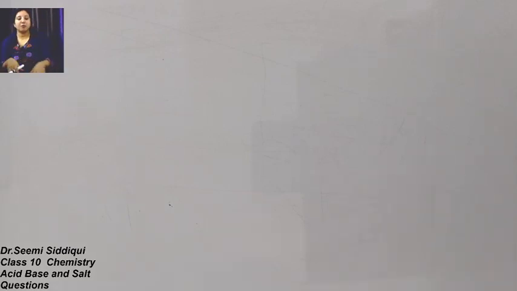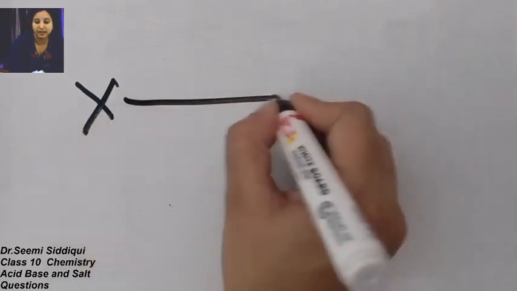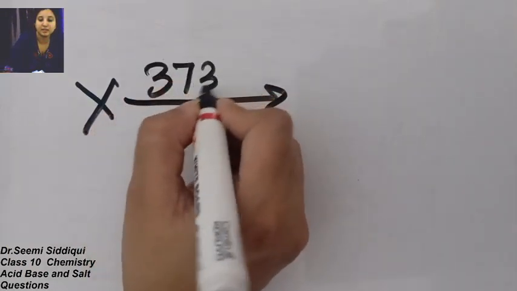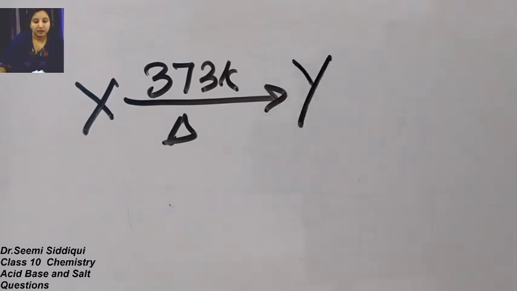Isn't it? Now, coming to a few other questions of your LR. We have one question in the LR. I'm not taking the page numbers because they are mismatched, I'm just speaking the question. Question is, a compound X on heating at 373 Kelvin gives compound Y, which is used for making chalk for plastering fractured bones.